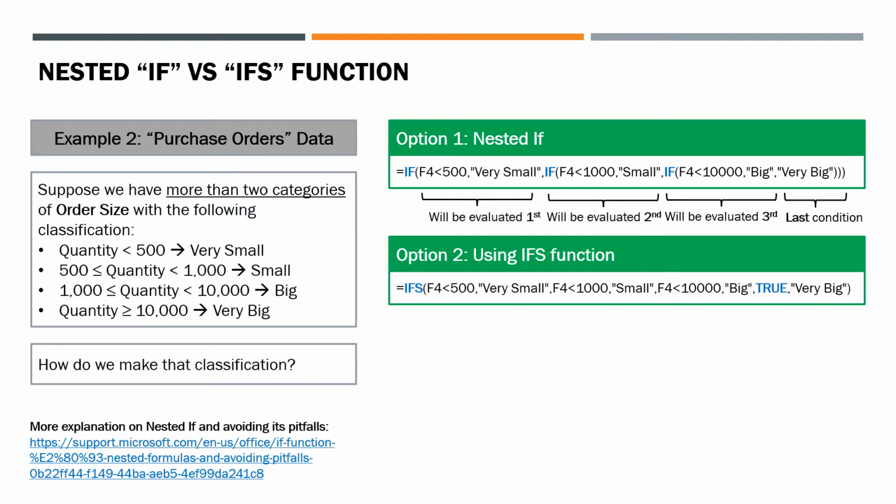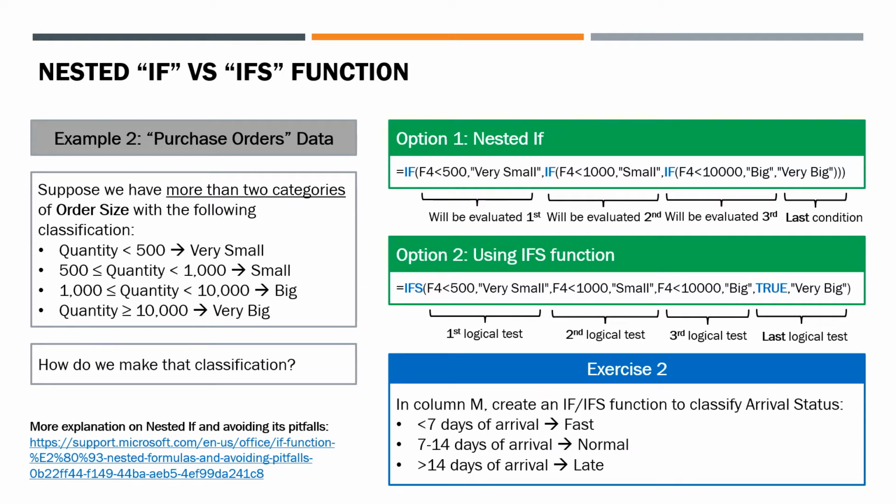For instance, here you simply use IFS, and if the quantity is less than 500, very small, less than 1000, small, less than 10,000, big, and the rest is very big. If the number in the cell doesn't fulfill the three criteria here, it will be considered very big. This is the first logical test that is going to be evaluated, the second one, the third, and this is the last logical test.